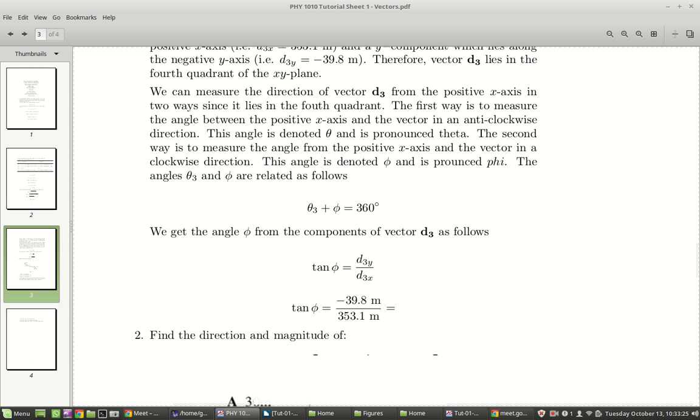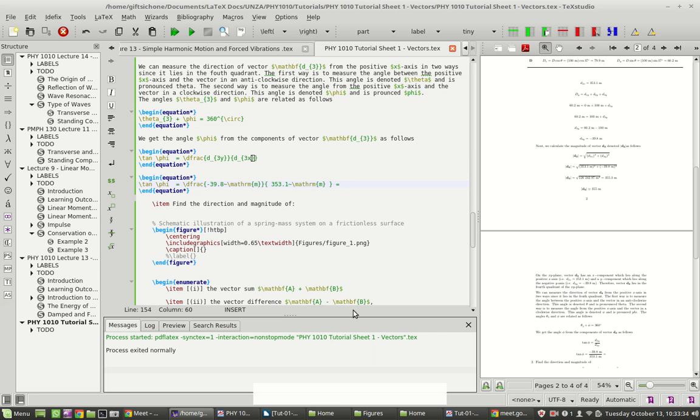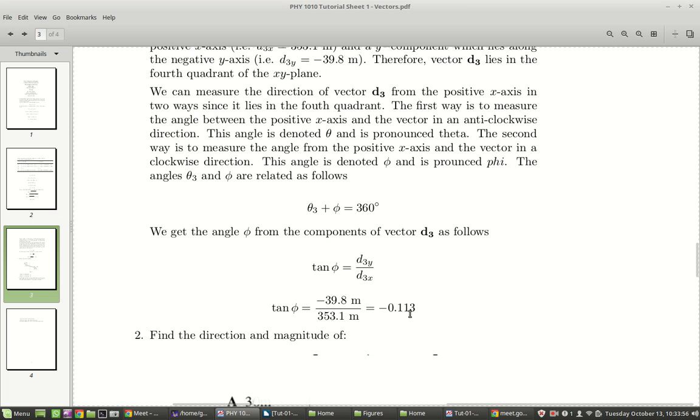How much is that? Negative 0.1133. Is this correct? Yes.